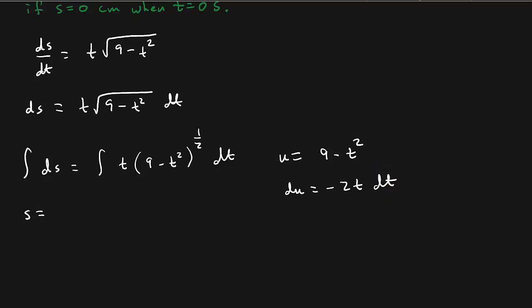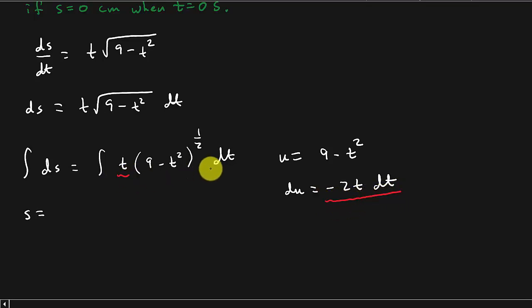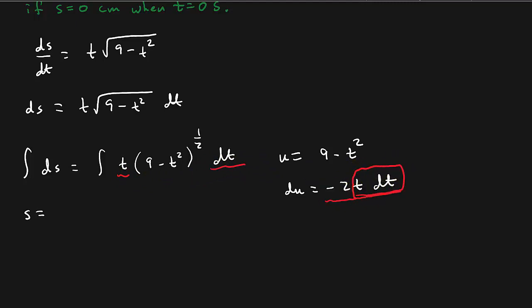All right, so let's look at this. I've got negative 2t dt, but here notice I just have this part of it. I need a negative 2 out there. So we multiply by negative 2, and then we have to come out and multiply by the reciprocal. So this is the same thing as multiplying by 1.